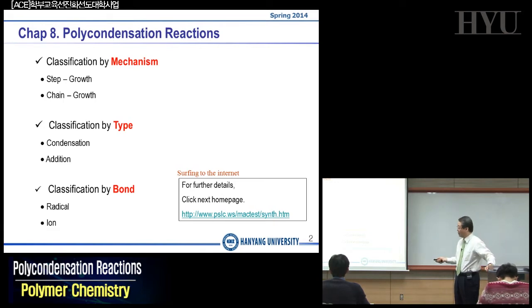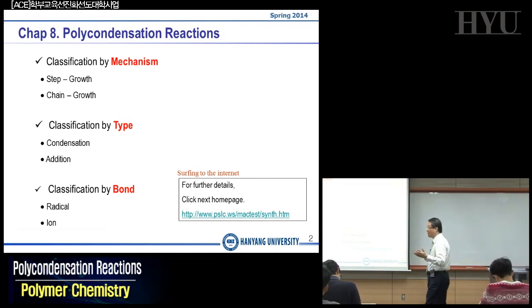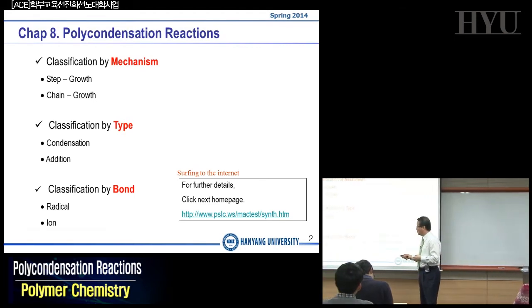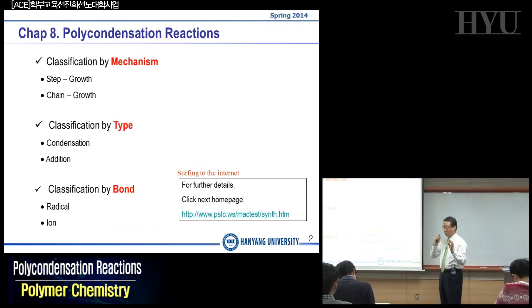So anyway, we will talk about this radical reaction and ionic reactions. From one double bond, if the radical is the most reactive site for your polymerization reactions, we call that a radical polymerization reaction.